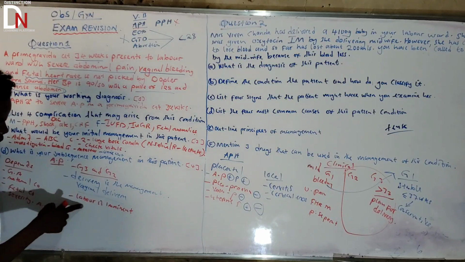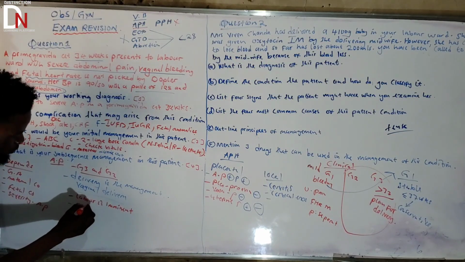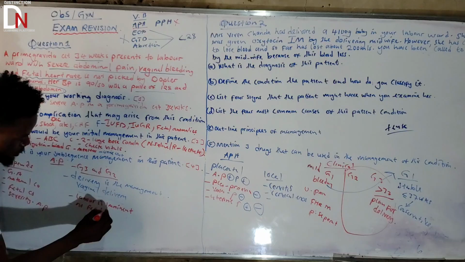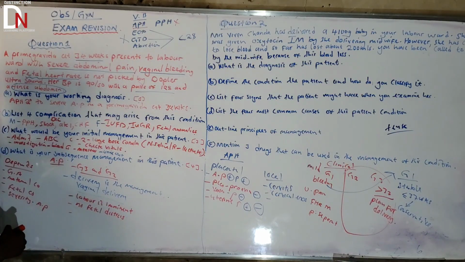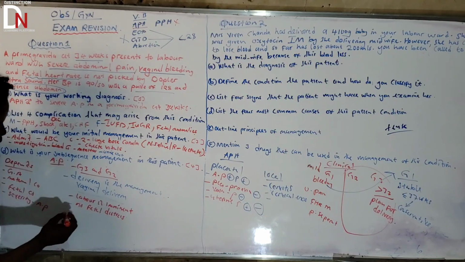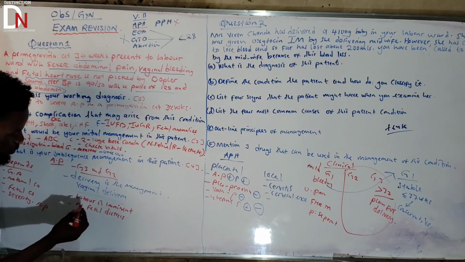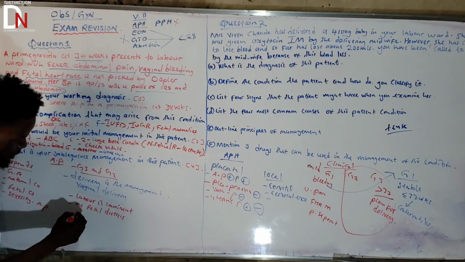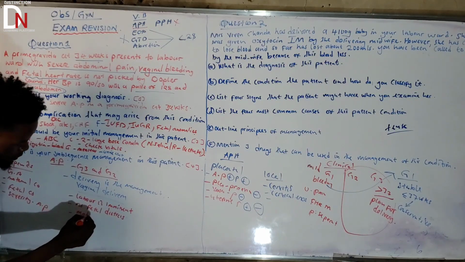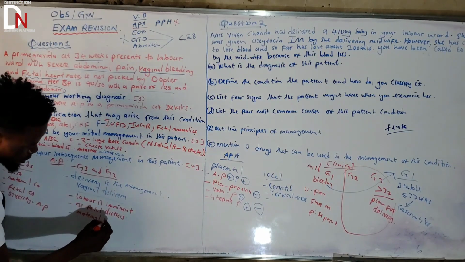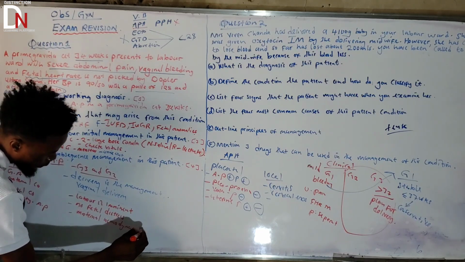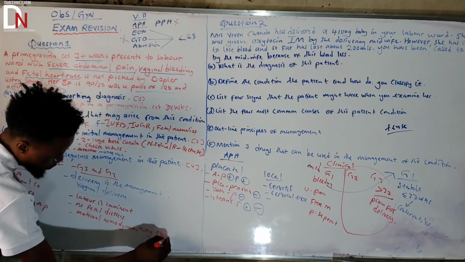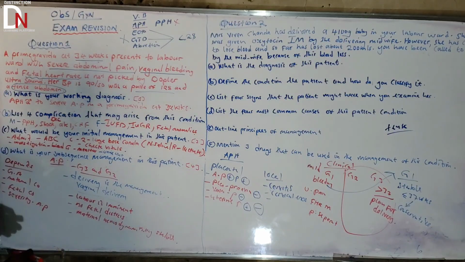What else? No fetal distress. What else can you look for to do vaginal delivery? The mother: maternal hemodynamically stable.